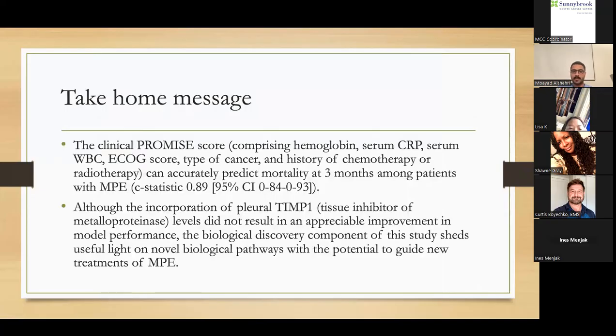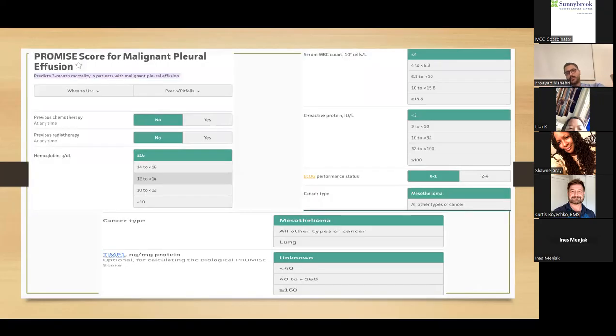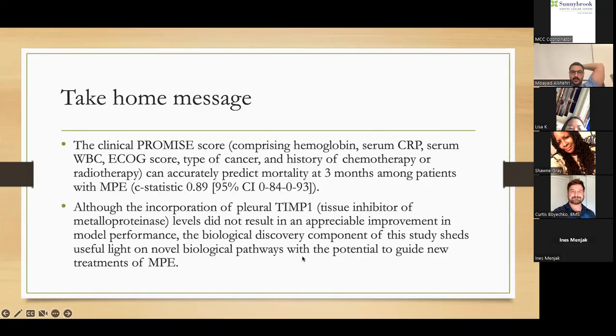Again, the main take-home message is that this pleural TIMP1 by its own, if you do the same score without it, doesn't change much. That's why you can see it's marked unknown, so it's an option not to factor it in.